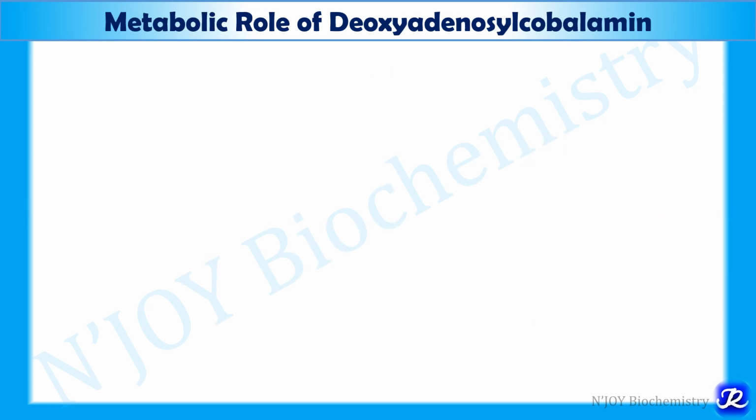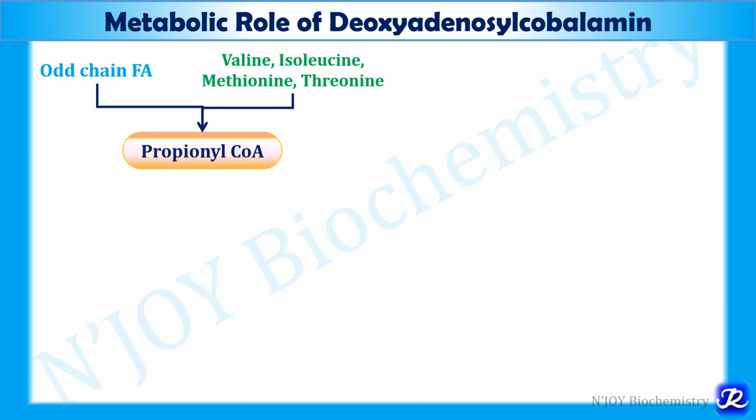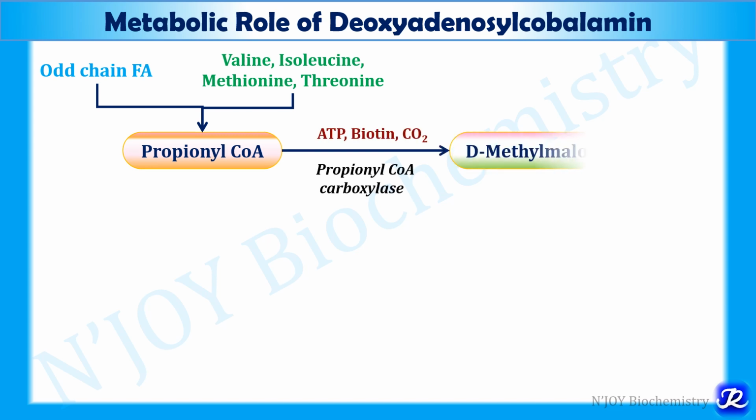Now let's see the role of deoxyadenosine cobalamin. From oxidation of odd chain fatty acid as well as from the metabolism of amino acids like valine, isoleucine, methionine and threonine, propionyl CoA is formed. From this propionyl CoA, D-methylmalonyl CoA is formed by the carboxylation reaction.